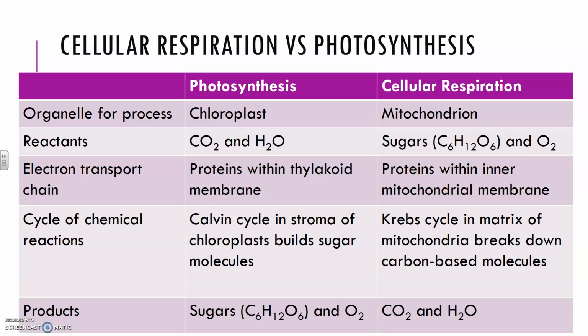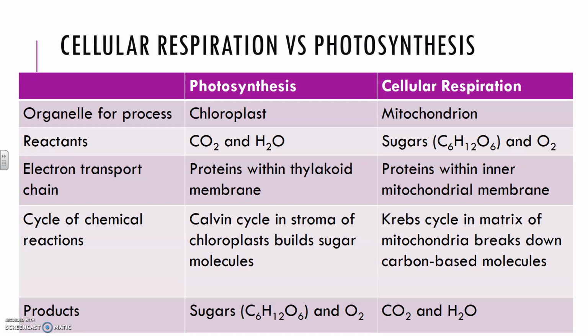So in photosynthesis, the proteins or the ATP synthase is within the thylakoid membrane. In cellular respiration, it is found within the inner mitochondrial membrane, which is basically the same in both. They're just called slightly different. And then you also have the cycle of chemical reactions. So the Calvin cycle for photosynthesis takes place in the stroma of the chloroplast and builds sugar molecules.